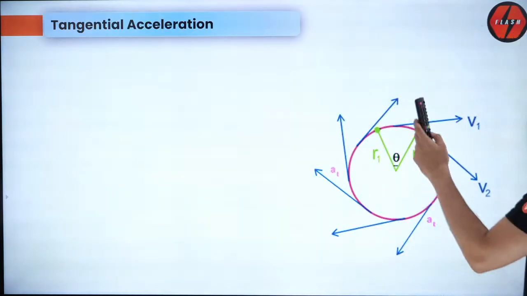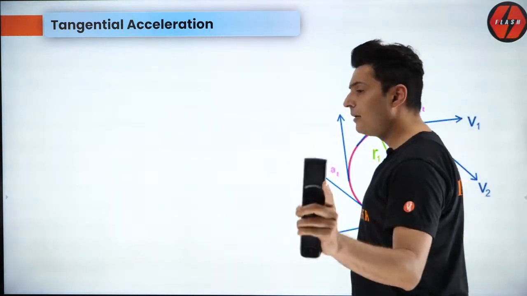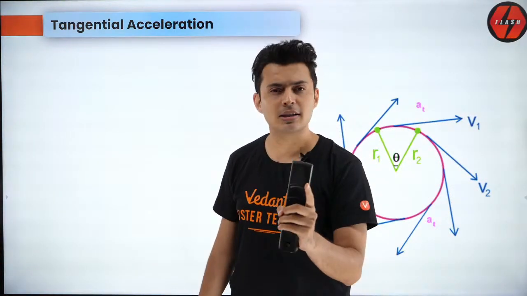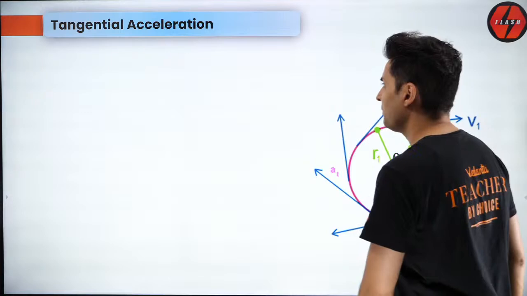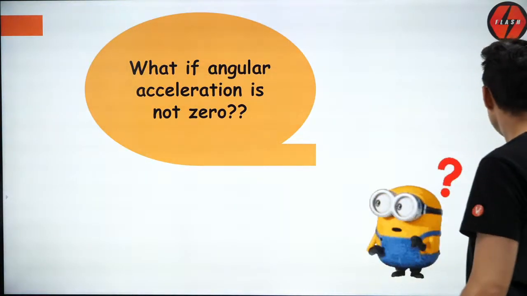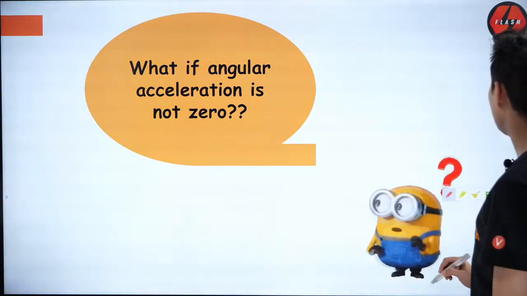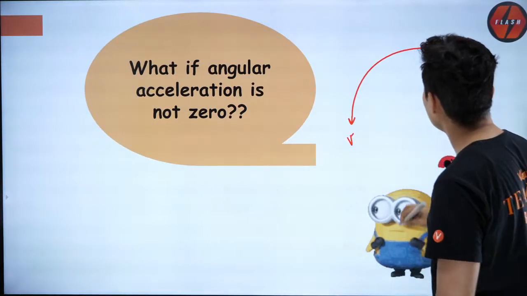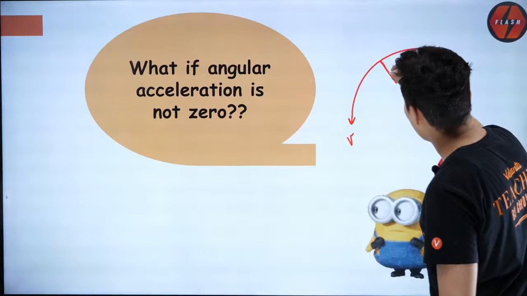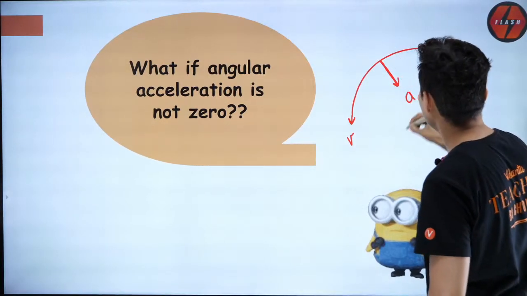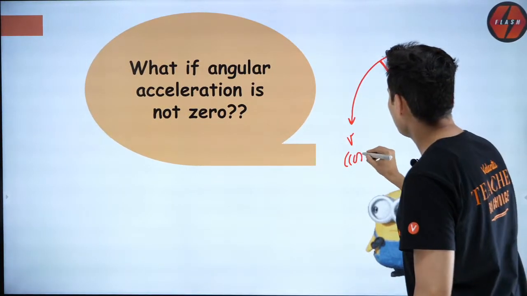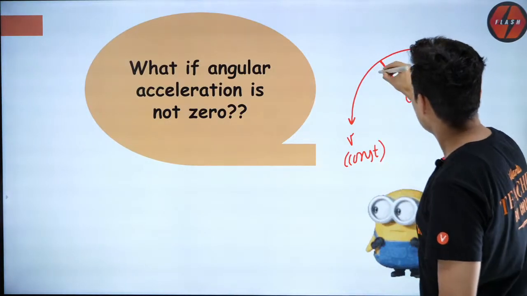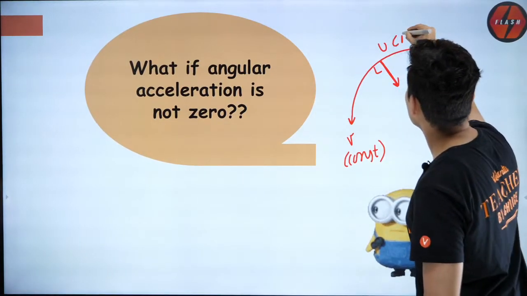Let's first think about a term called tangential acceleration. In the previous session, we studied centripetal acceleration. If a particle is going in a circular path with some speed v, then it has some acceleration towards the center, and this v is constant in uniform circular motion.